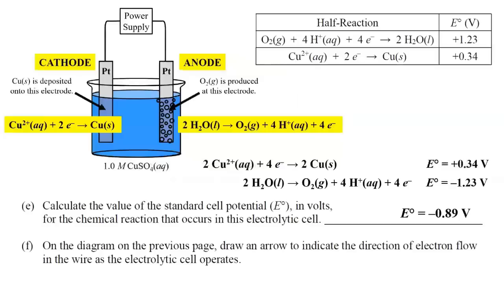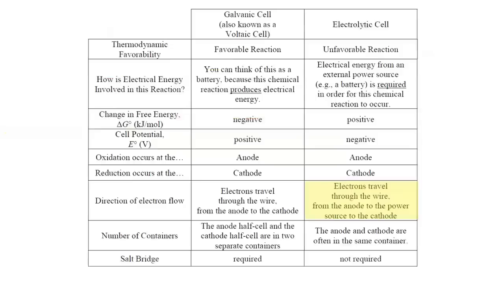All right, the last part here, part F, says on the diagram on the previous page, draw an arrow to indicate the direction of electron flow in the wire as the electrolytic cell operates. Earlier in this video, when I was doing that compare and contrast between a galvanic cell and an electrolytic cell, when talking about the direction of the electron flow in an electrolytic cell, electrons travel through the wire from the anode to the power source to the cathode.